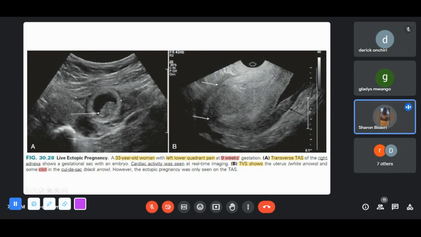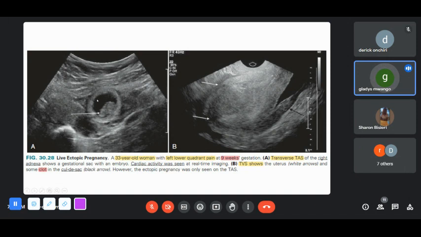And this entire structure... Just a minute, Doc. So what you're seeing is a thick-walled system. Yes. So that echogenic ring is a gestational sac filled with fluid, but you can also see a thick-walled cyst with an internal echogenicity and fluid.